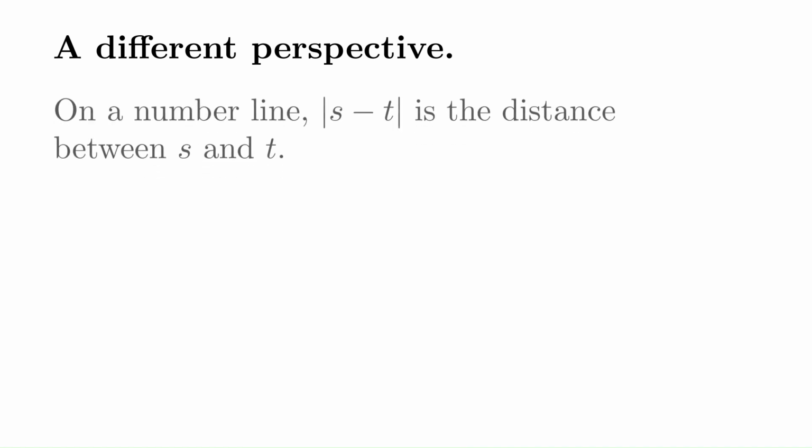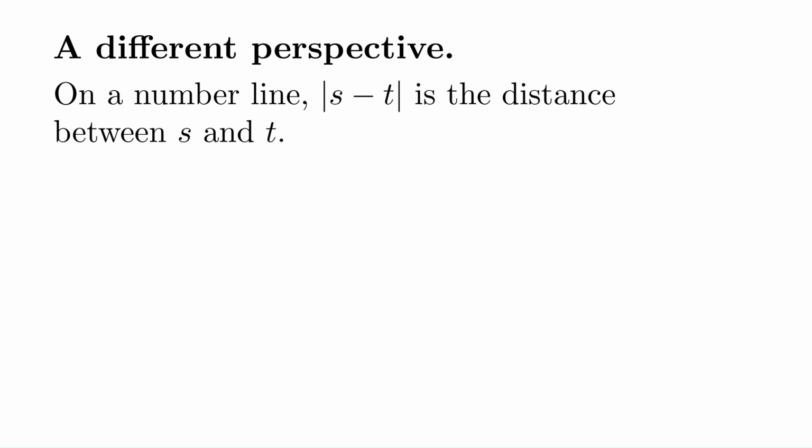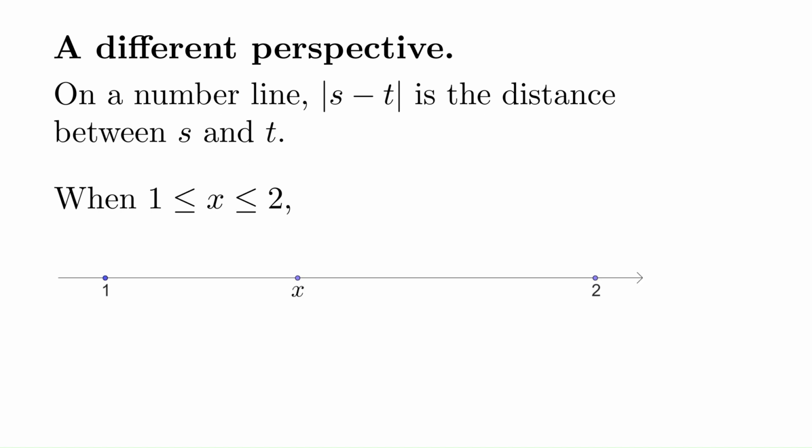We can see this from a different perspective. For real numbers s and t, the absolute value of s minus t is the distance between s and t on the number line. Now, let x be a real number between 1 and 2. Put all three numbers 1, x, and 2 on the number line.